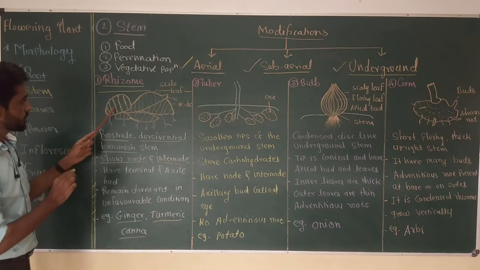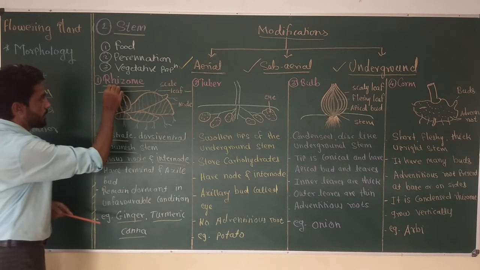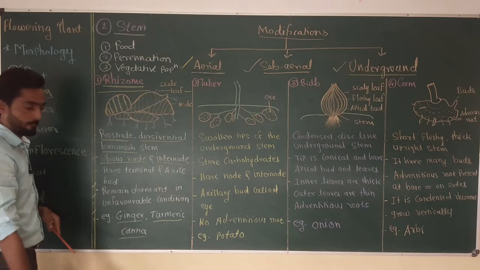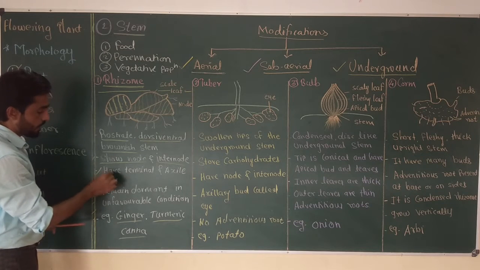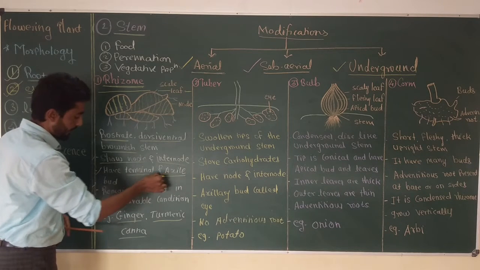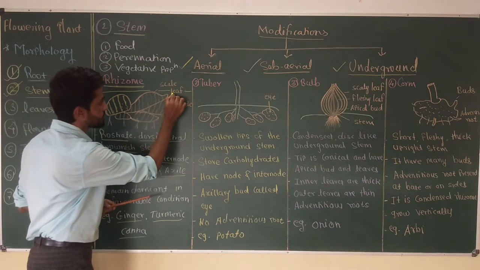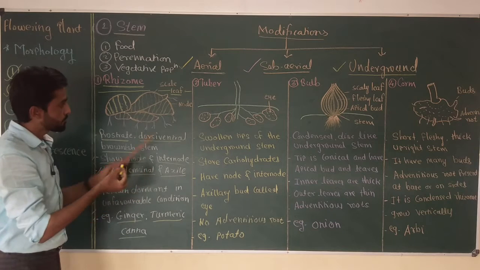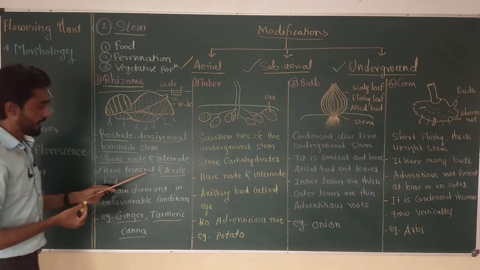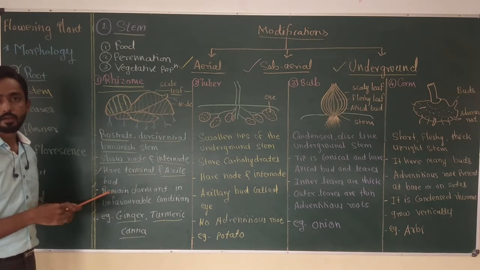So distinct node and internode are present on a rhizome type of stem, and they also have terminal and axillary buds. That means the node bears scaly leaves, and from the node axillary and terminal buds arise.